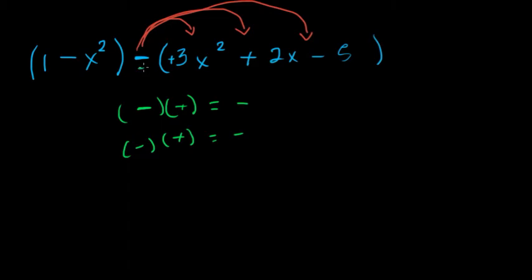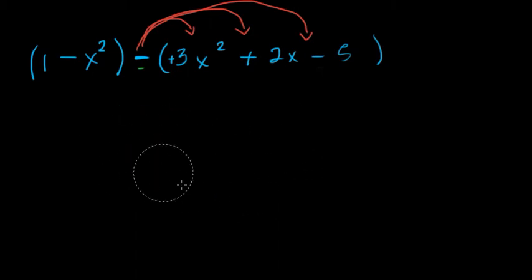But then a negative times a negative will give me a positive. Now, if you recognize the pattern here, if it's a positive, it's going to be a negative, and if it's a negative, it's going to be a positive. So anytime you're distributing a negative sign, all the signs change to the opposite.